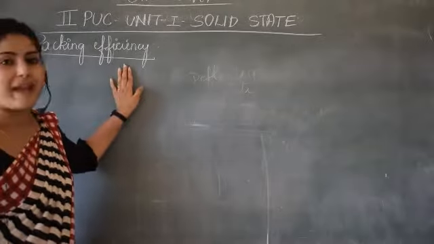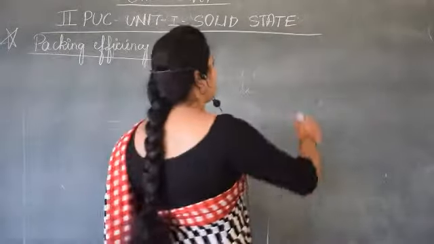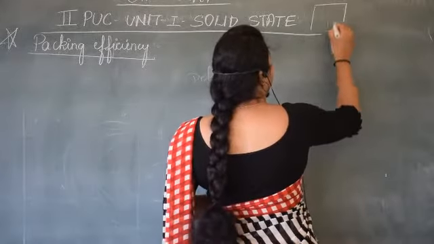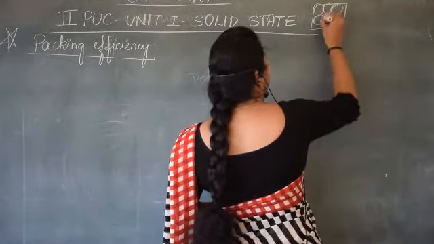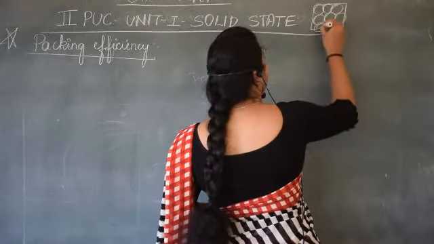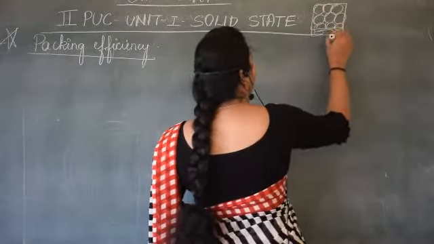Before that, what is packing efficiency? Now I have told you that generally when we study solid state, we usually symbolize it with this kind of diagram where we show that the particles are compactly packed, isn't it? In the crystal system the particles are compactly packed.